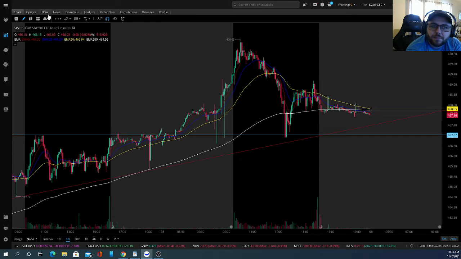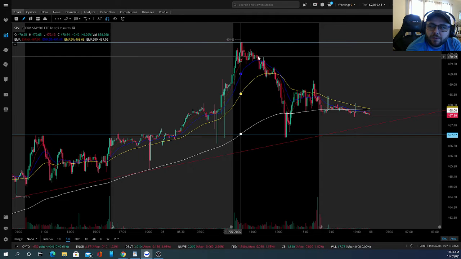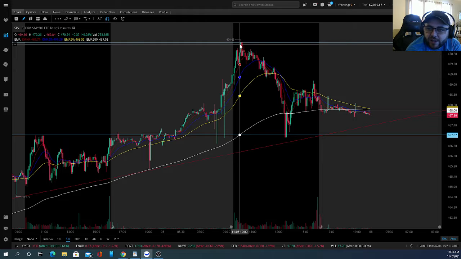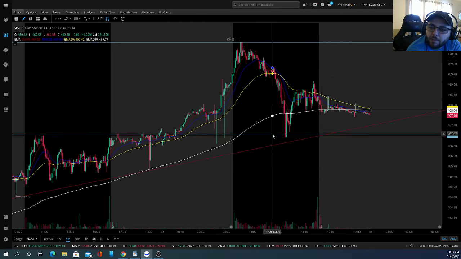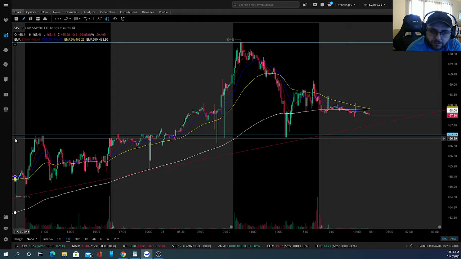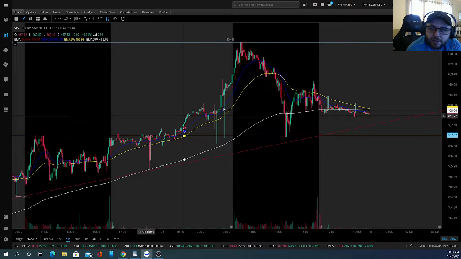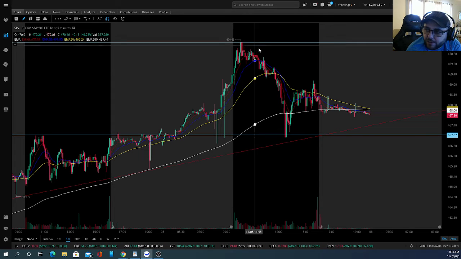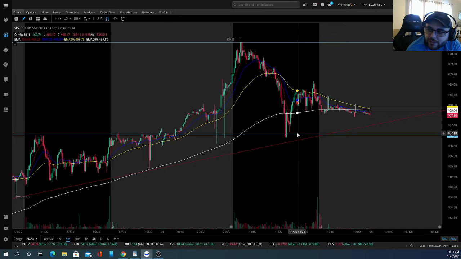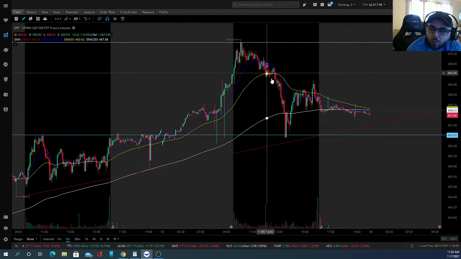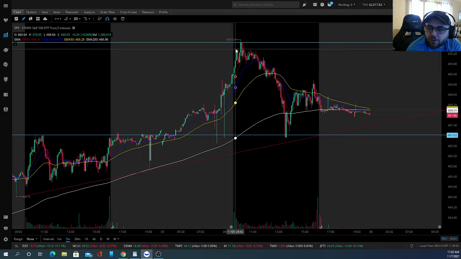At 470.65, excuse me. Now, based off this being a support now, which used to be a resistance, we've got a high up here. Obviously we went from 467 up to 470 here, almost 4 points per contract moving.